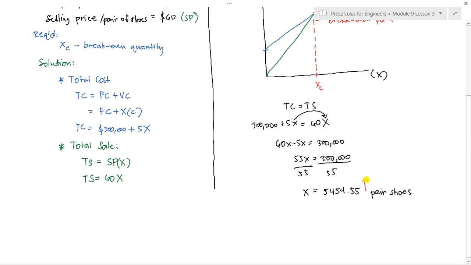Either you round this one up, so that would be 5,455, or down, 5,454. Okay, so what is the answer?